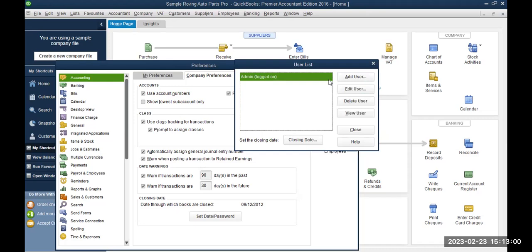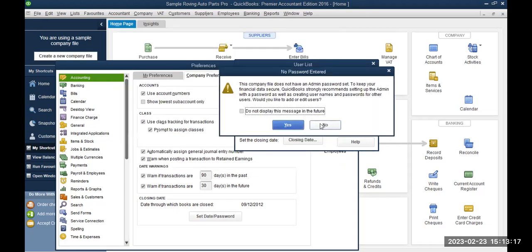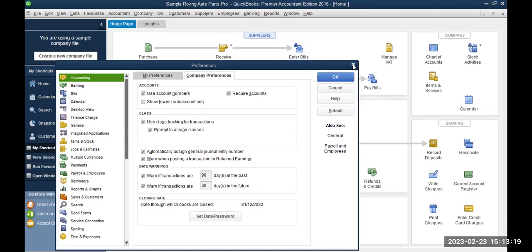Another place where you can set the closing date is when you're setting up the users. You can set the closing date from there as well. So let me show you that other route.